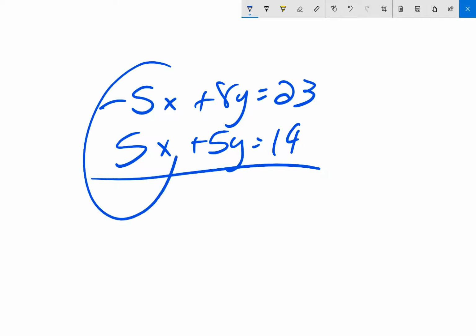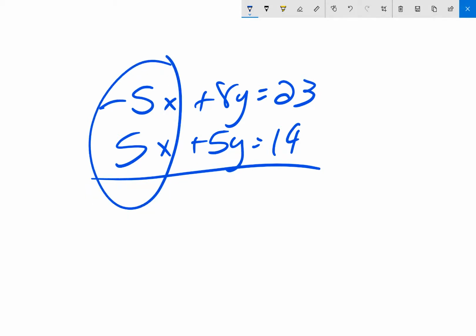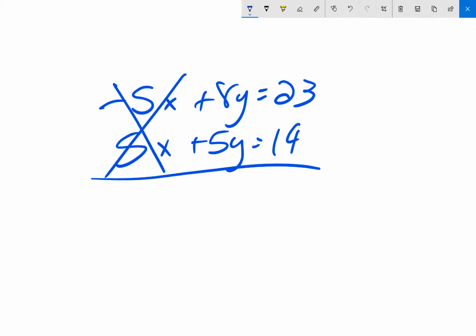In my problem here, and also in your problem, I have a negative 5x and a positive 5x. This is primed to cancel out, because negative 5x plus 5x is just going to be 0x and disappear. So when I add them together, I get 0x, which is great, because then it's eliminated. As far as the y's go, I've got 8y plus 5y, which would make 13y.